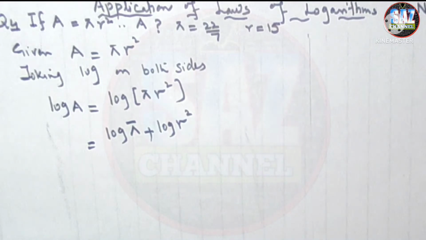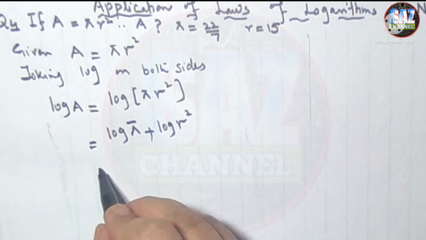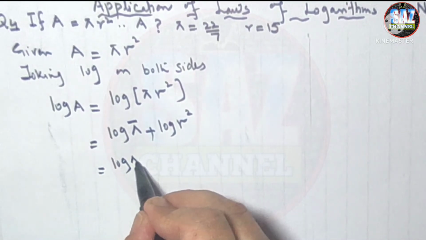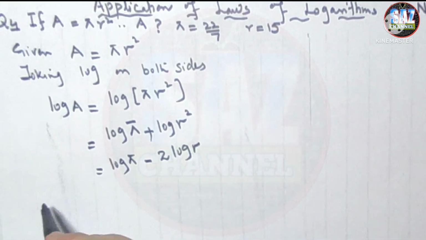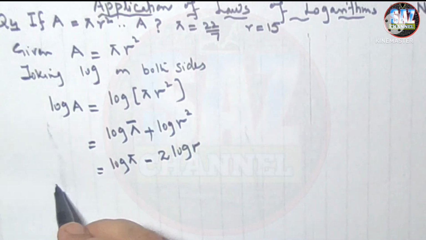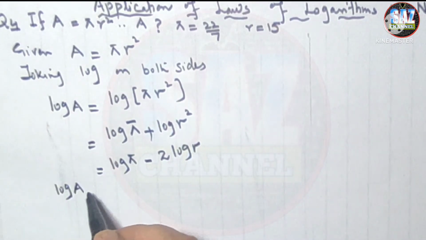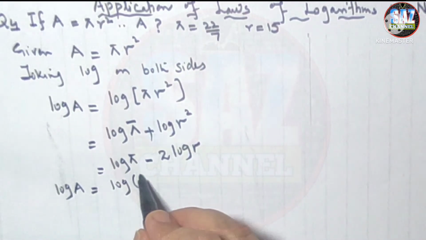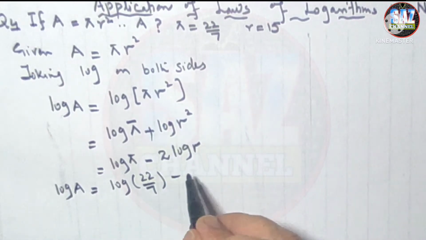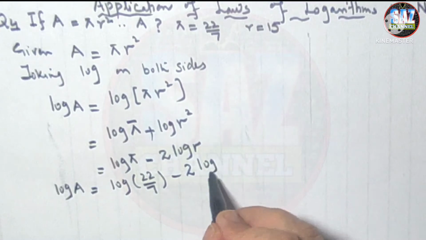So we have to apply the power law of logarithm, that is log m raised to power n equals n log of m, so I have to bring this power down. So the question will take the form log pi plus 2 log r. It's time to replace the values of pi and r. So log pi is the value 22/7, plus 2 log of 15.